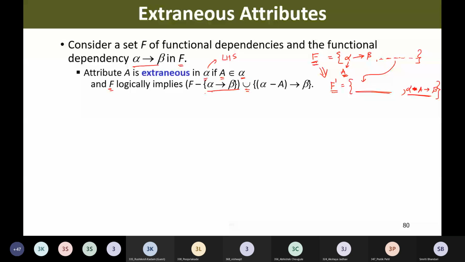Similarly, we may find whether the attribute A is extra in the right hand side of the dependency.